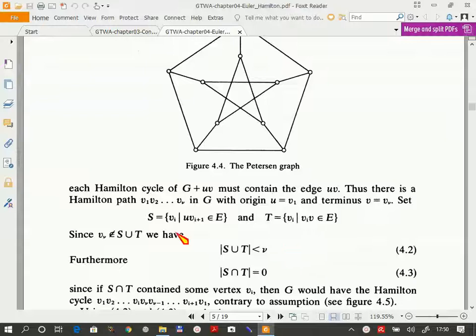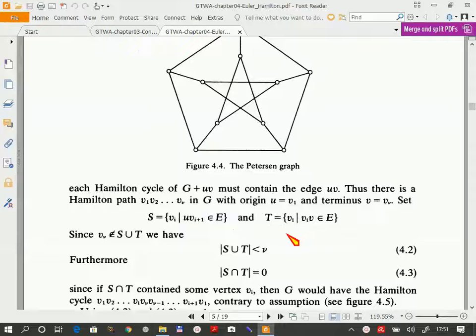You build these two sets, which are a bit strange. You build a set S, which is built by these vertices Vi such that U V(i+1), so from U not to Vi itself, but to the one which follows in this Hamilton path, is an edge of the graph.